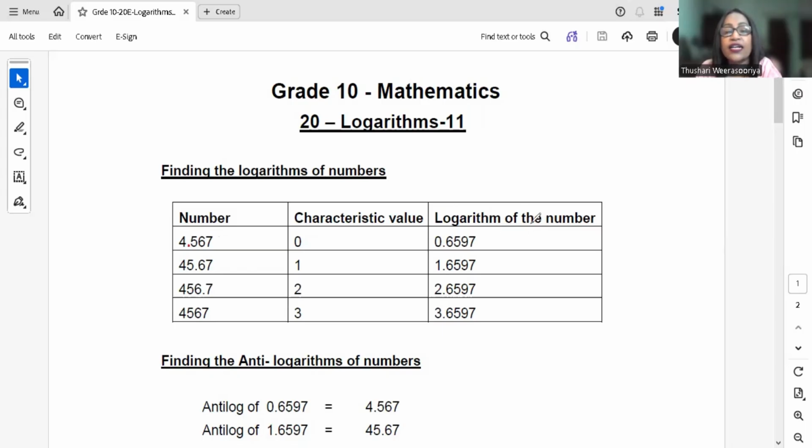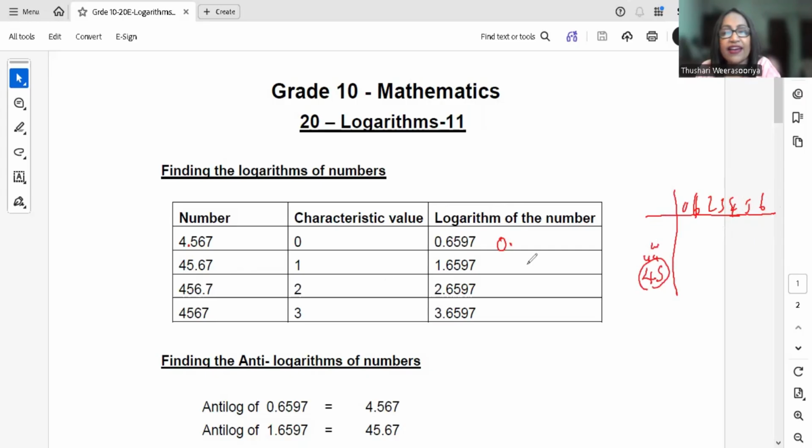Then you find the logarithm of this number. 0 point, you go to the log book. You find 45 and 6. You have numbers 0, 1, 2, 3, 4, 5, 6 on the top bar. 45, here you get 44, 43.